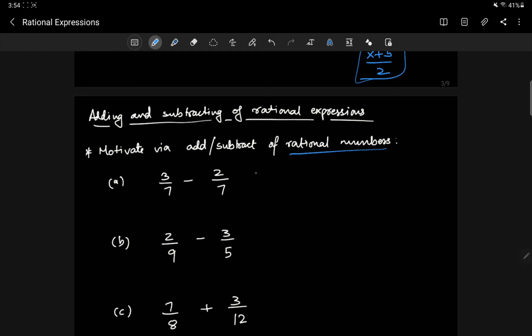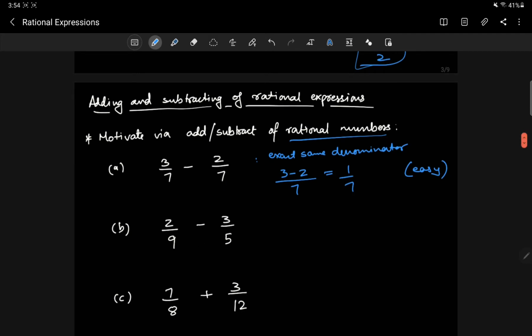The first scenario is that you have the exact same denominator. If you have the exact same denominator, then all you have to do is add or subtract the numerator. So this is the easy case. Now let's say your denominators are not the same.